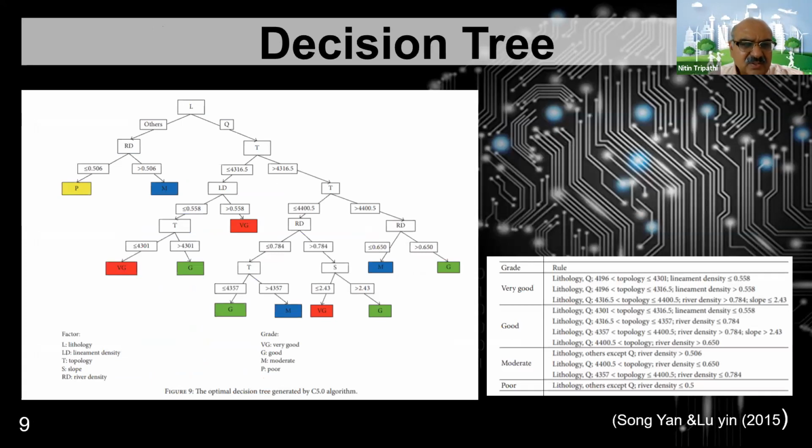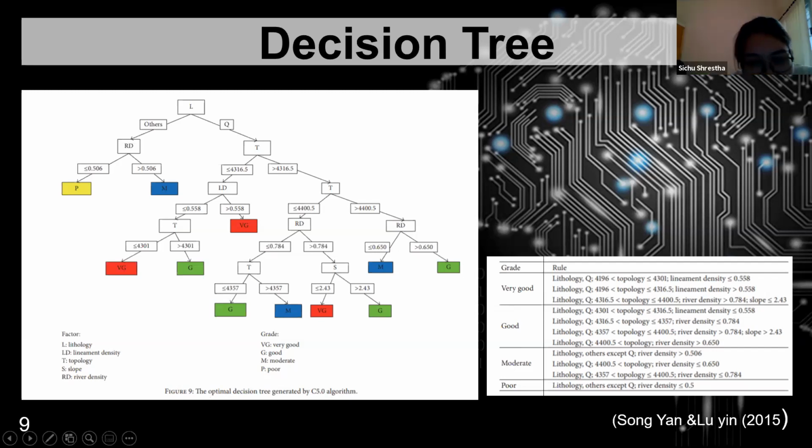While making the decision tree, who takes this decision? Like it should be less than 0.506 or greater than 0.506, or T is less than 4316.5 or greater than 4316.5. How do you decide these numbers?